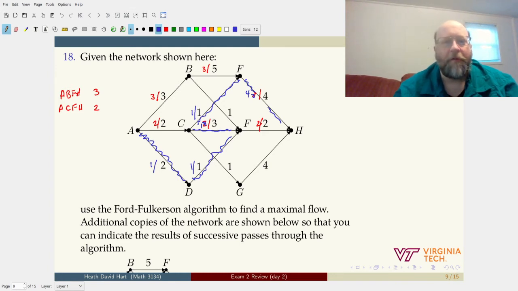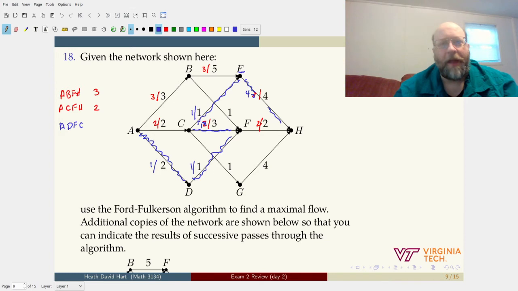And then that freed up a unit down here along this one to allow an extra unit to flow along there. So we got 1 more unit from A to D to F to C.